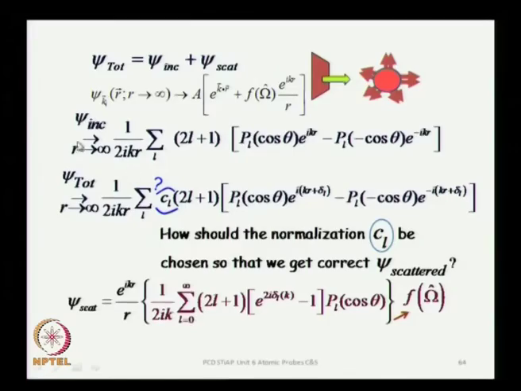If you look at any one of these terms, there are two terms. How do you subtract this term from this term to get this? This one has nothing in e to the minus ikr, right?